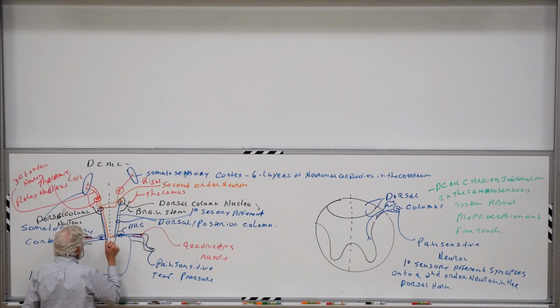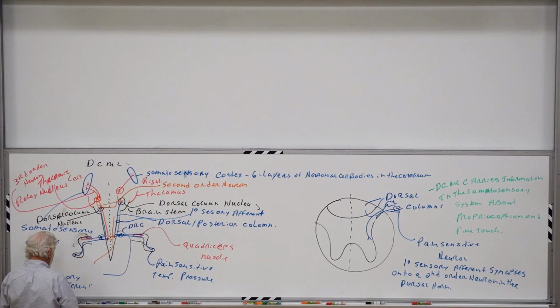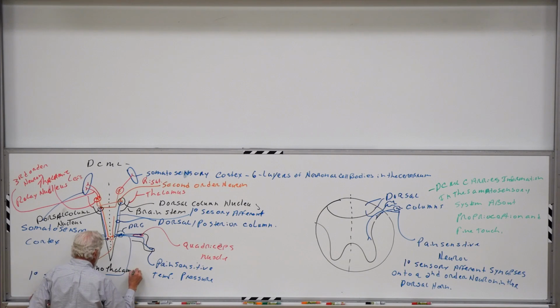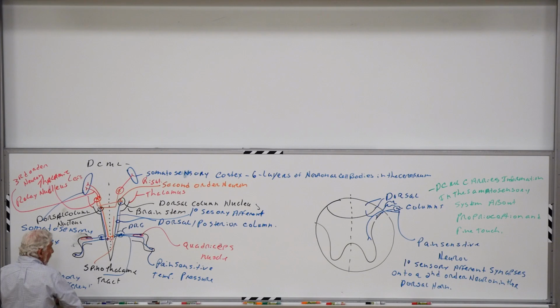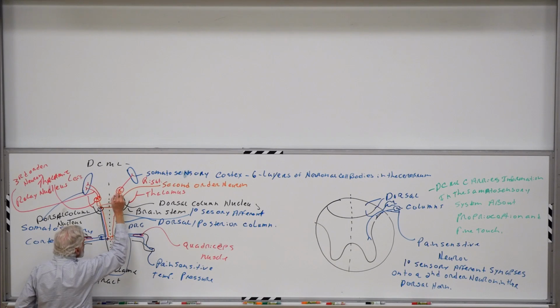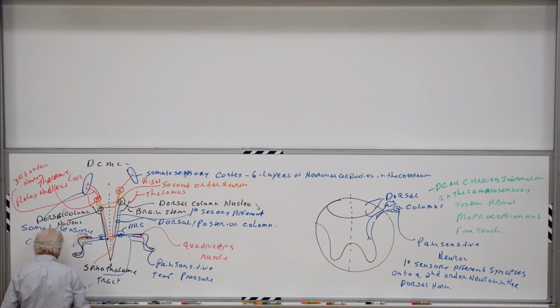The second order neuron then crosses over the midline and ascends the cord in a region known as the spinothalamic tract. So this is ascending the cord in the spinothalamic tract in such a way that it now forms its synapse in the thalamic relay nucleus.